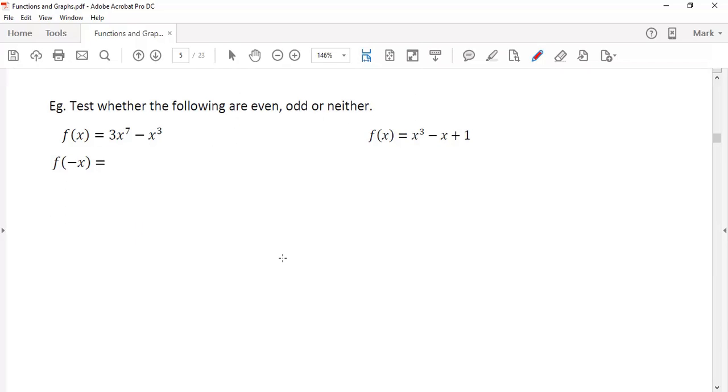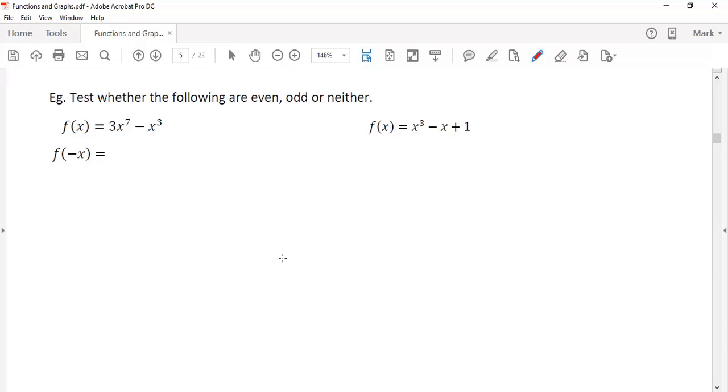Alright, so let's test whether these two are either even, odd, or neither. Remember, the first step, given f(x), you find f(-x). So let's sub in our negative x.